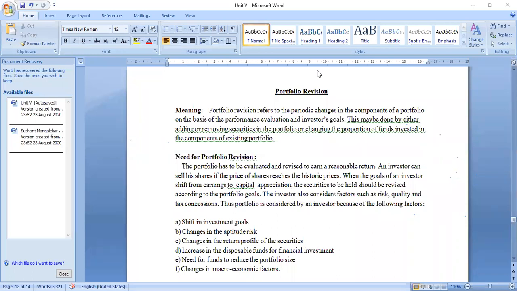We construct a portfolio because every investor has their own specific goals, and every individual has their own risk-taking capacity, whether it is maximum risk, minimum risk, or neutral. So based on all these parameters, an individual investor will construct a portfolio.